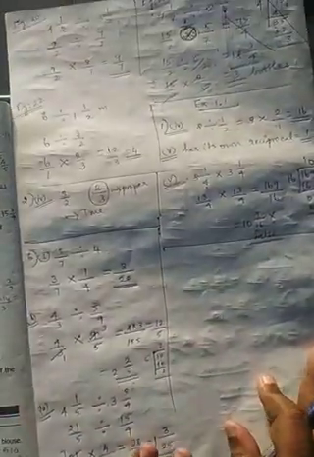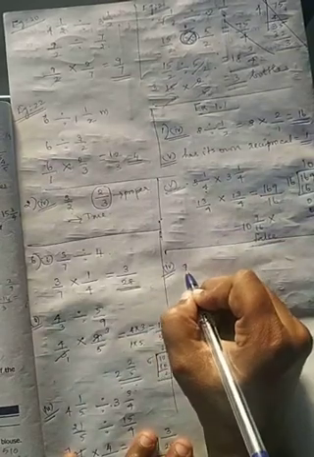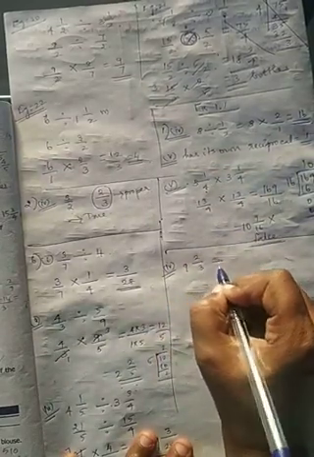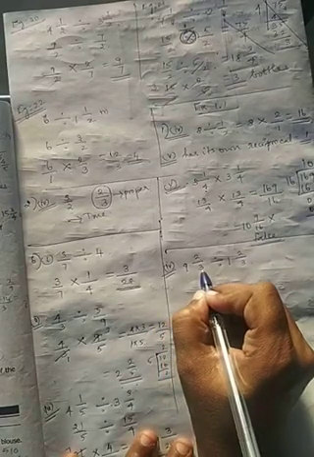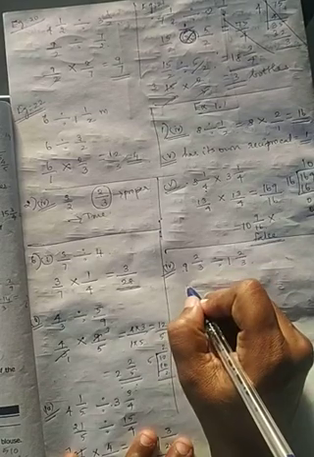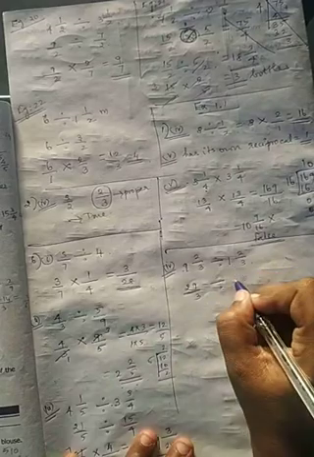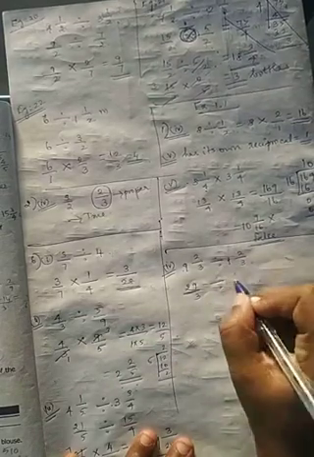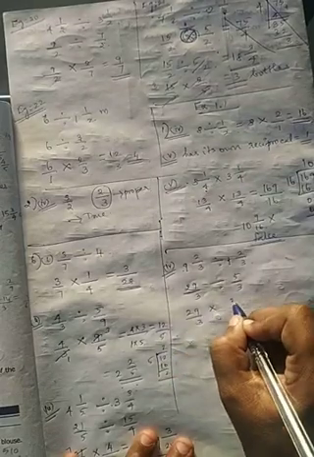Okay, now coming to the fourth one. Fourth one is 9 2 by 3 divided by 1 2 by 3. 9 2 by 3 means 9 3s are 27 plus 2, it is 29 by 3 divided by 3 plus 1, 3 plus 2, 5 by 3, that is 29 by 3 into 3 by 5.